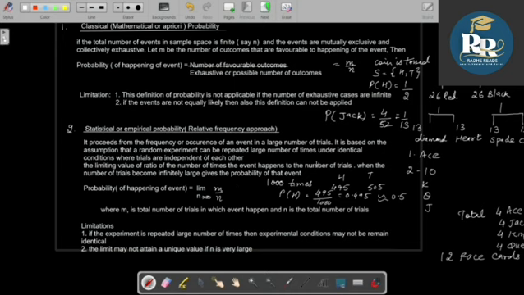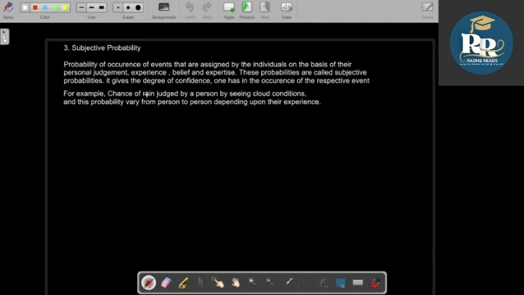This approach has some limitations. It demands the experiment to be repeated under identical conditions, and it may happen that the conditions may not be identical after some time. Second, it says n tends to infinity, so it may happen that the limit will not exist after so many trials, or may not attain a unique value. Then this approach cannot be useful.